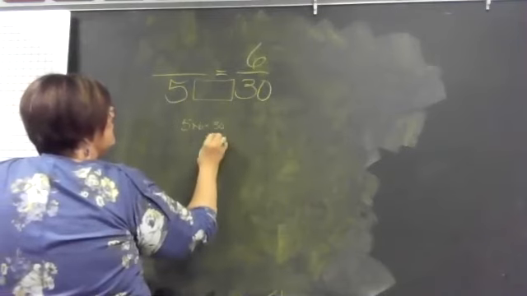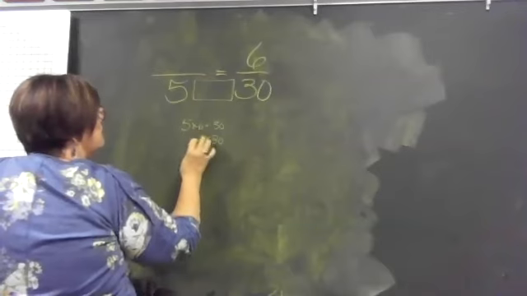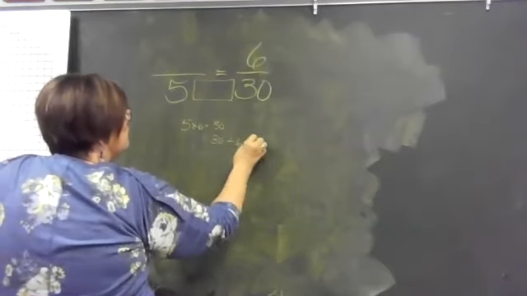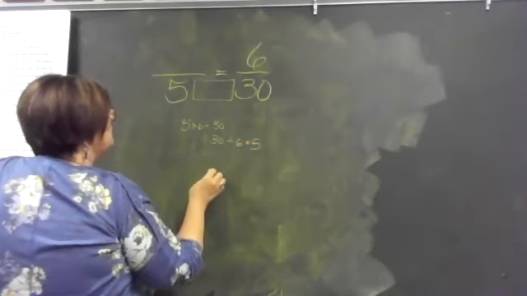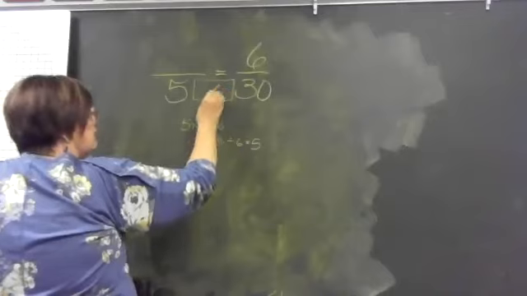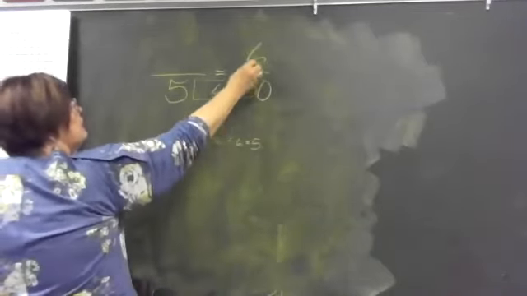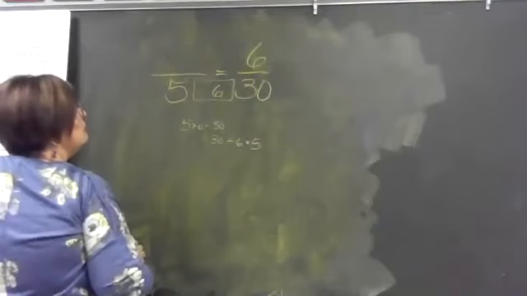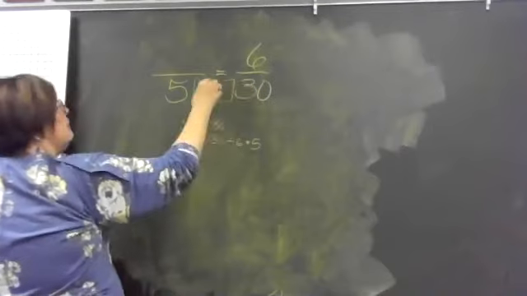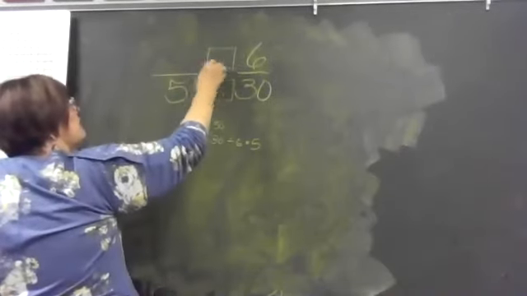But do you agree that if I had 30 and divided by 6, I would get 5? Yes. So 6 is the magic number here, right? Yes. And if I'm wanting to go from here to here, then I need to divide. I went 30 divided by 6 gave me 5. So let's divide by 6.